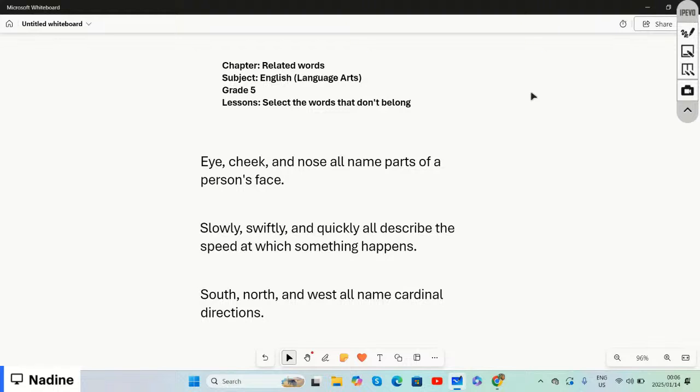All right. So when it comes to related words, right? Related words are words that we can say it's like in the name or the name of the title basically. It is words that are related to one another.